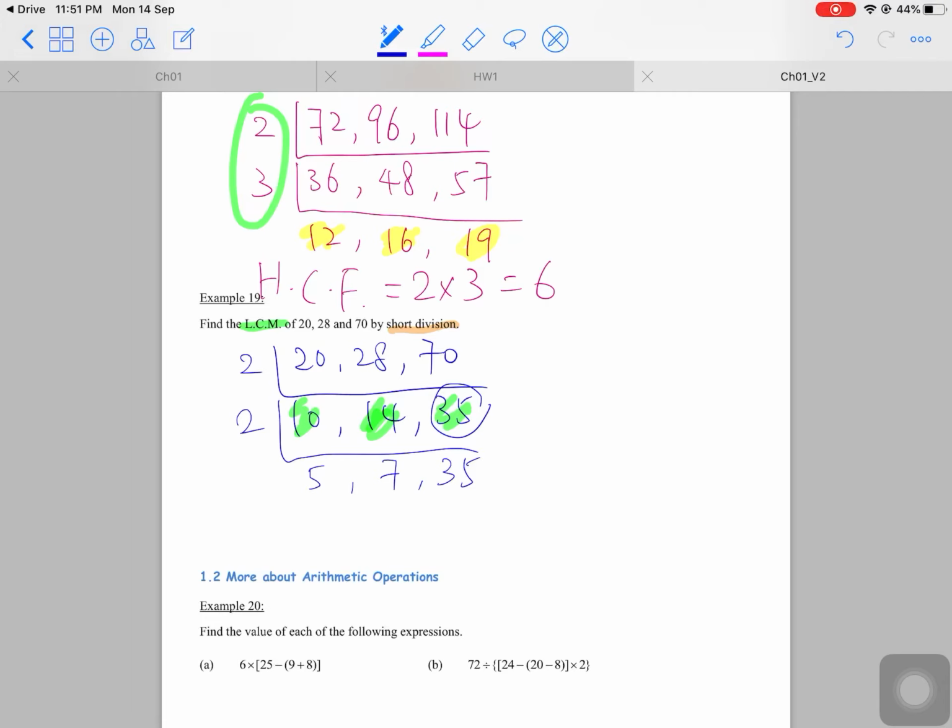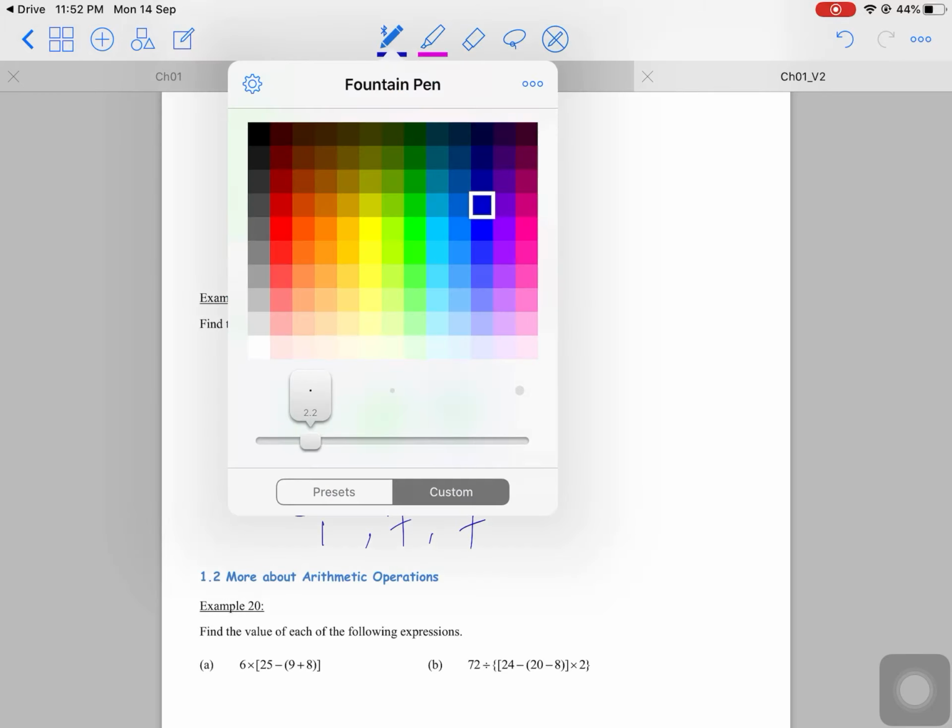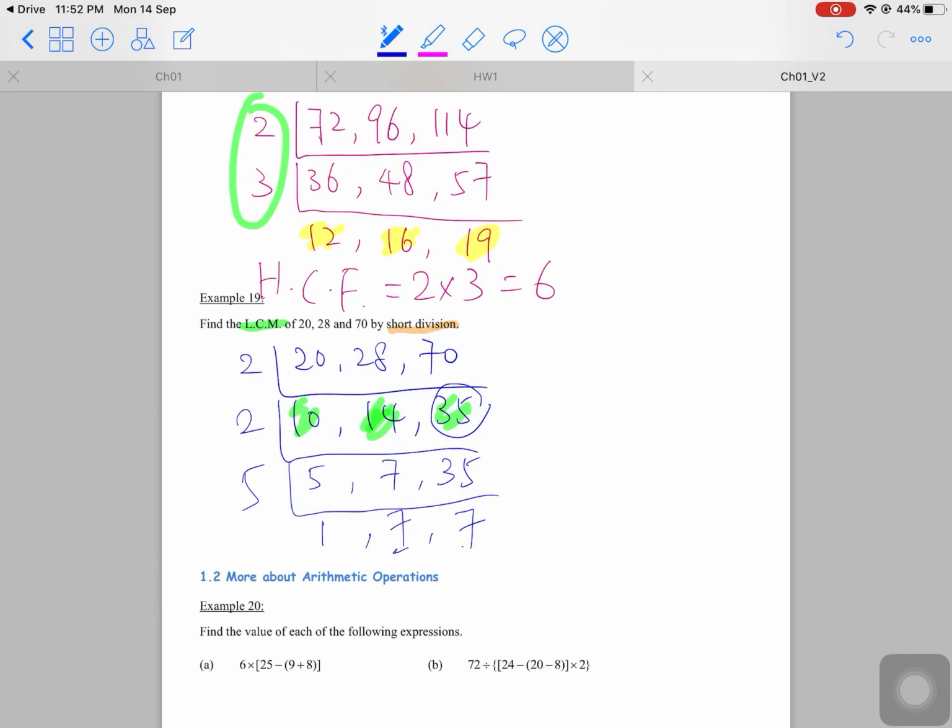Then for any two numbers, you take out the common factor. For example, I take out 5. So here is 1. Here, 7 is not divisible by 5, so you just copy 7. But for 35, you still have the 7. Then 7 and 7, you can still take out the 7. So finally, it is like this.